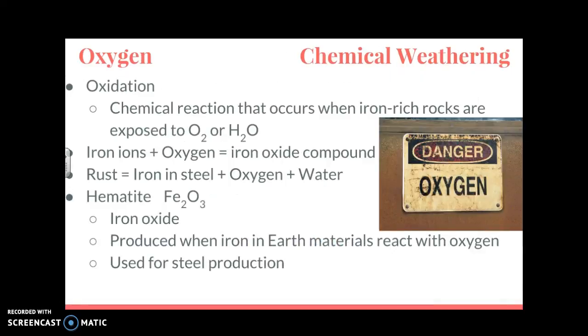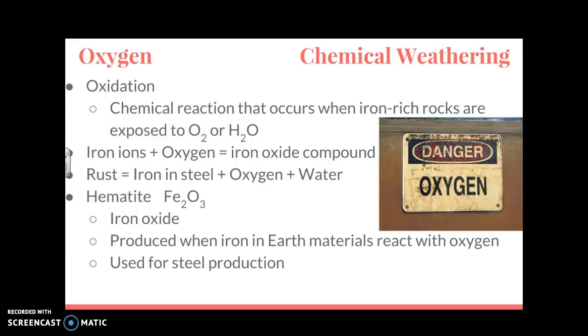Oxygen, something so simple, we don't even think about the dangers or the possibilities of oxygen. Oxidation, need to know this one. It's a chemical reaction that occurs when iron-rich rocks are exposed to oxygen or water. Iron ions plus oxygen equal iron oxide compounds.